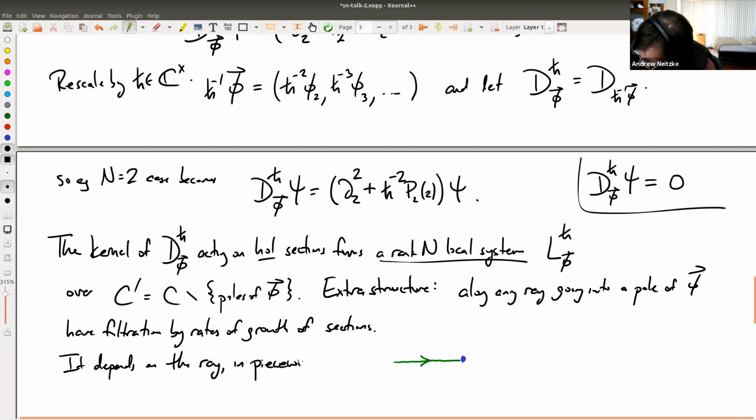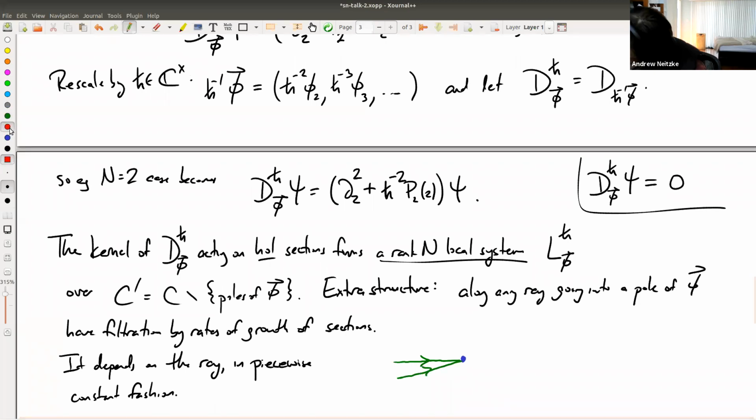So I'm not going to develop this in detail. I'll just tell you the examples that I want to use. But this is the general story. If I look at two rays that are pretty close together, typically I get the same filtration, but then there'll be some critical places where the filtration changes.